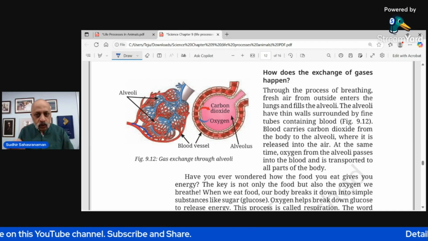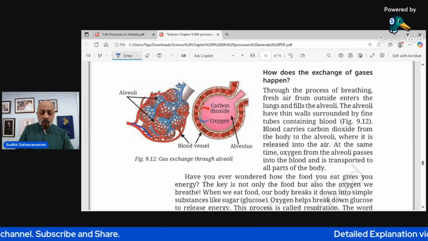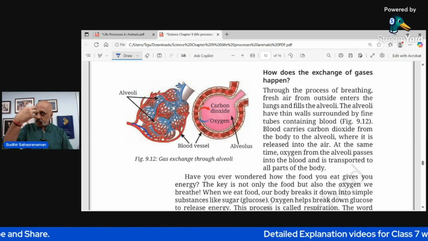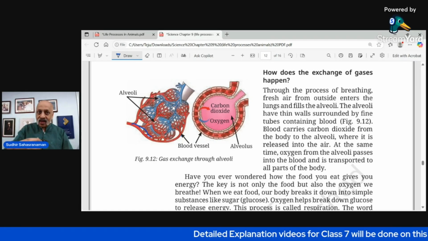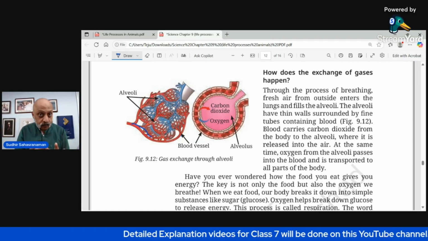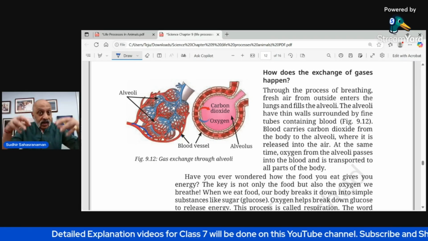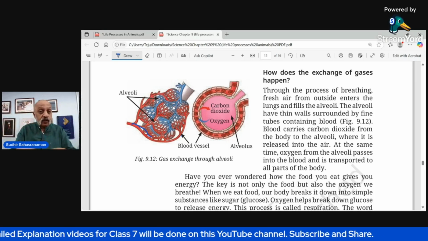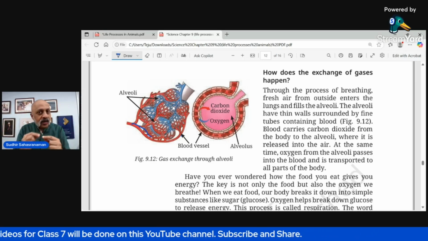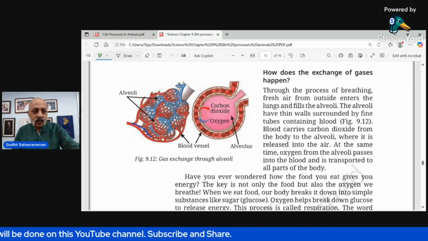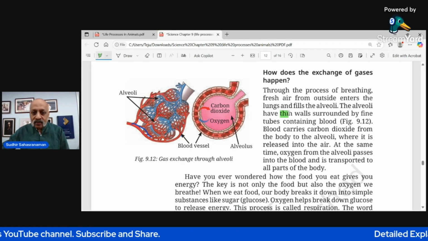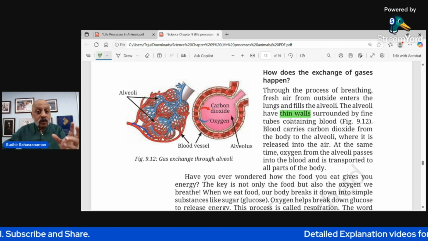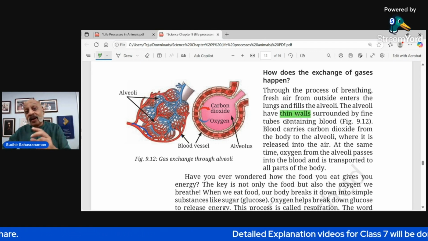Through the process of breathing, fresh air from the outside enters our lungs and fills the alveoli. The alveoli have very thin walls, and they are surrounded by tubes which contain blood.